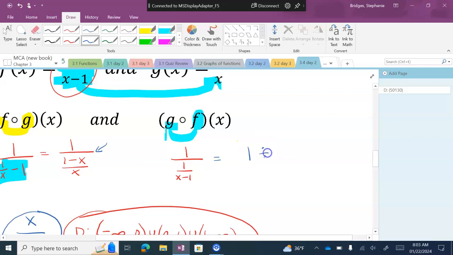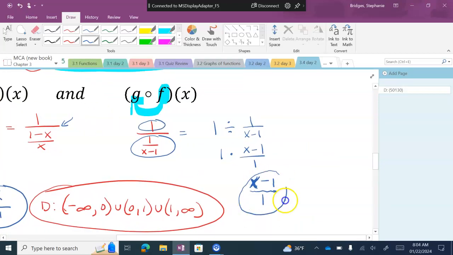It is going to be 1 divided by, so top part, divided by bottom part, which turns into 1 times the reciprocal, which is just going to give me what? You can leave it as x minus 1 over 1. Could we also just leave it as x minus 1? Either one of those would work.